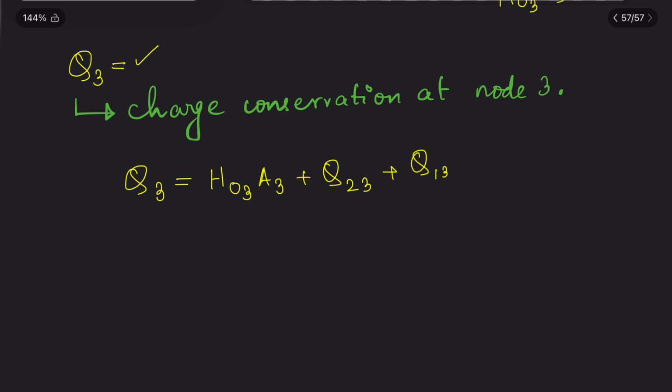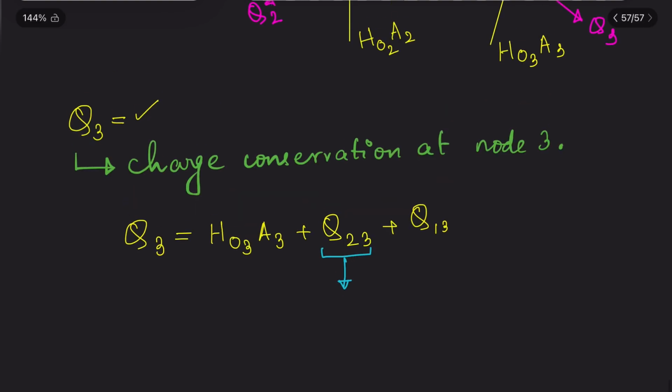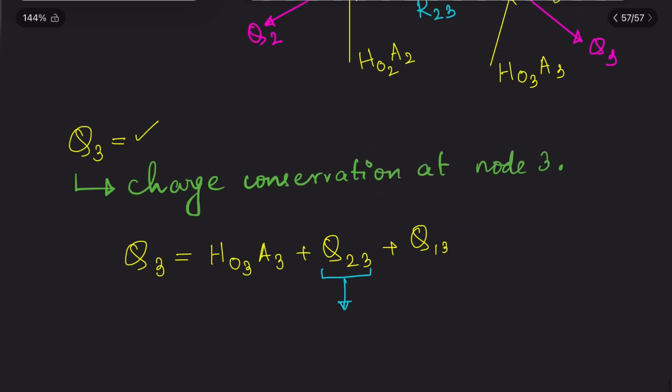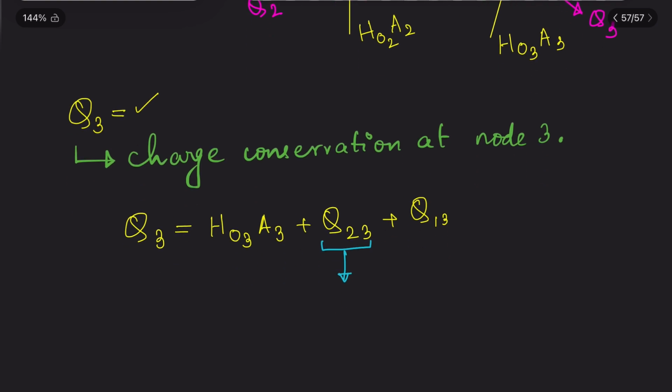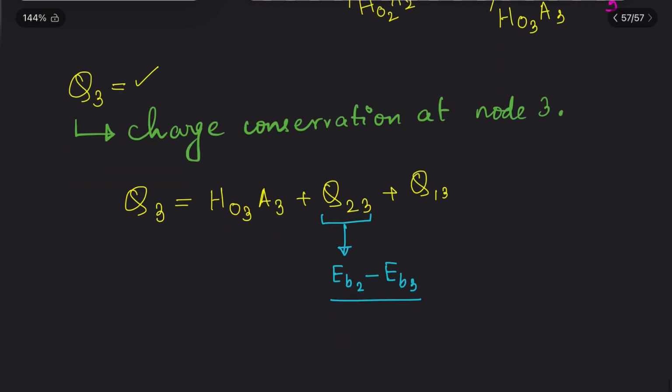So firstly let us find Q23 and Q13. Q23 is the current, and current is the potential difference by the resistance. So Q23 is EB2 minus EB3 by R23.